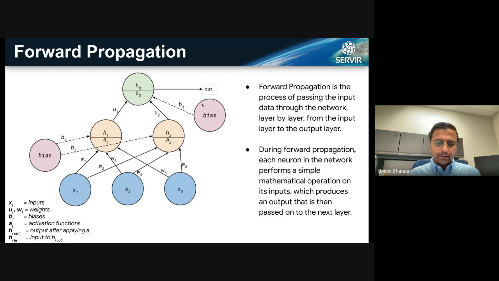And during this passing, when the data is put forward into the network, each neuron in the network performs some form of a mathematical operation on its input, which then produces an output, which is input to the subsequent layers that come in.